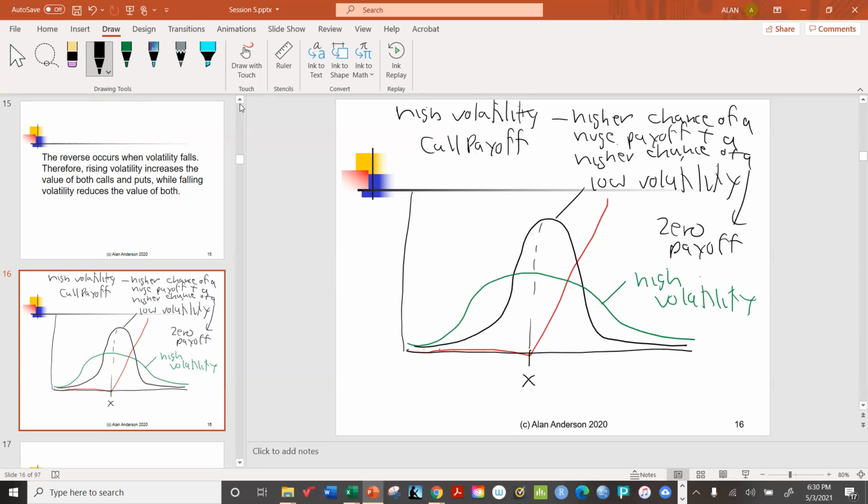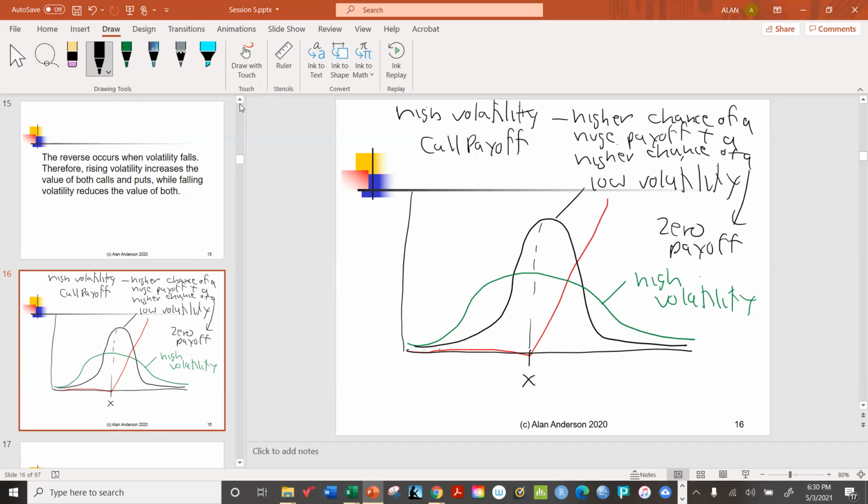And that's true for calls and puts. I just happen to pick the graph for a call. It applies to both, and it doesn't matter if it's American or European. This is always going to be true. In fact, volatility is really one of the primary drivers of the option's value. And let's just think of a ridiculously simple case.